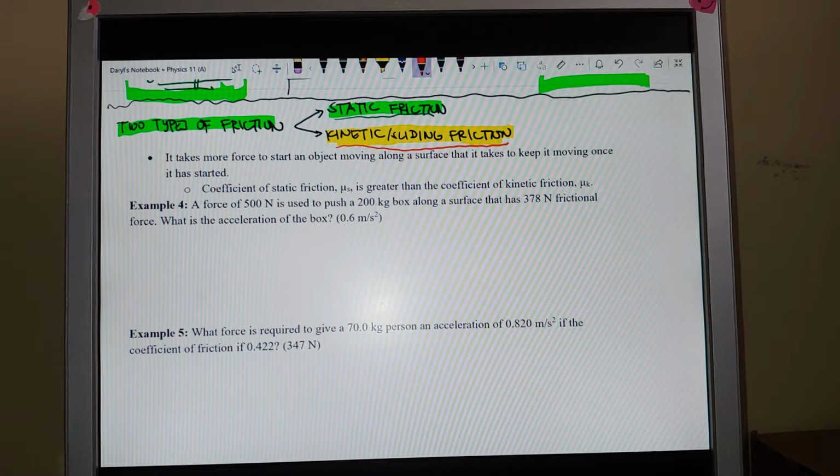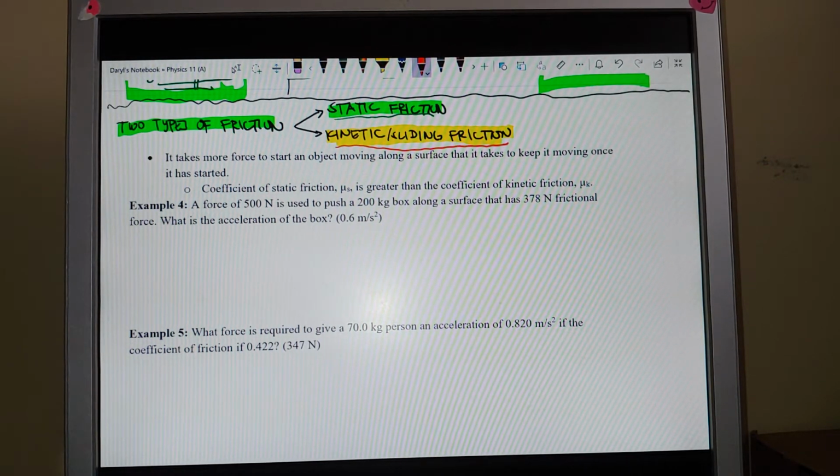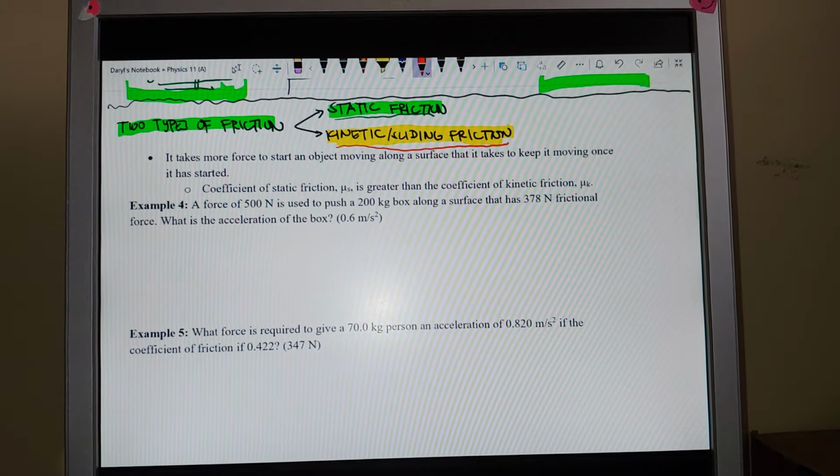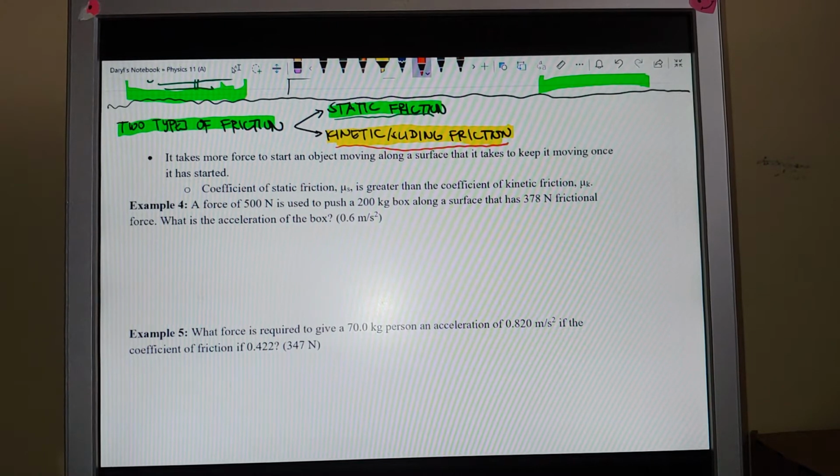An example would be if you have a table resting on a horizontal surface. If you apply a force, let's say you're pushing it to the right, you need a certain amount of force before you can move it. If you just push it with a minimal force, it will not move.